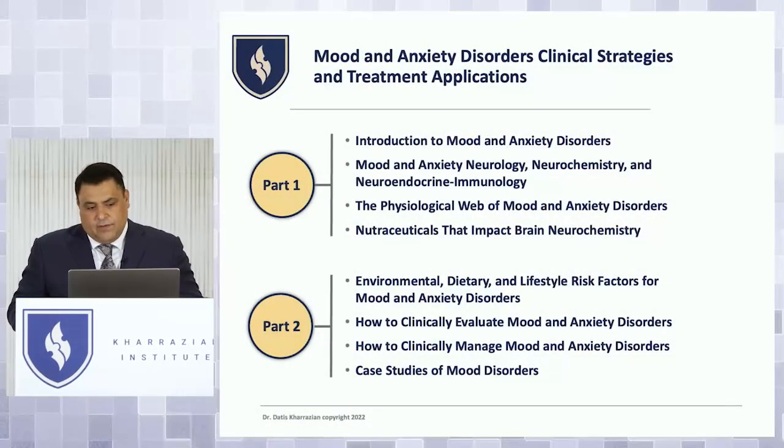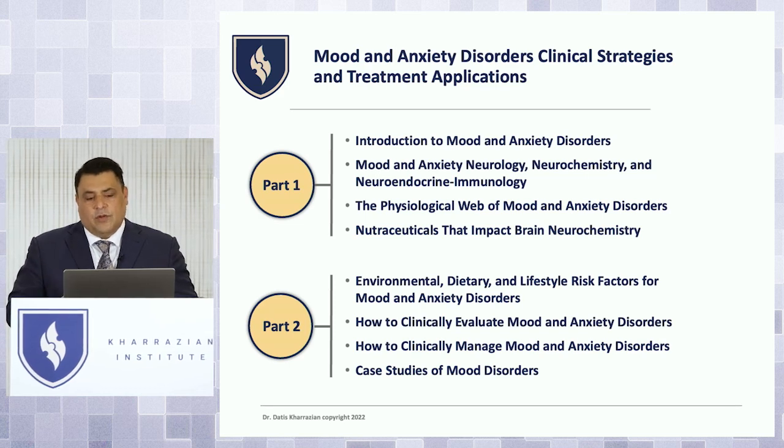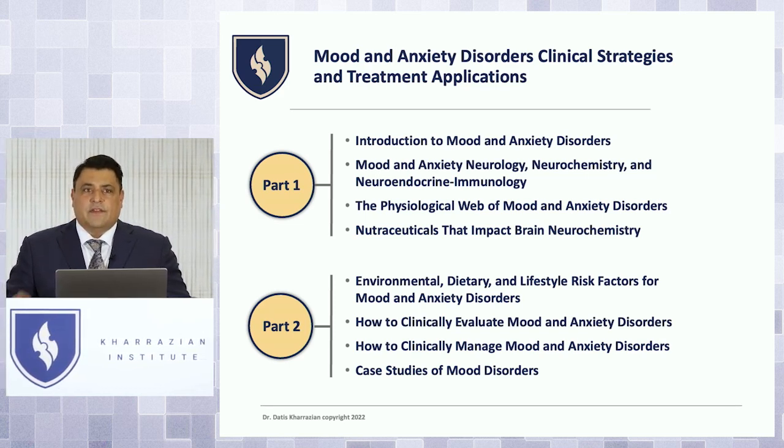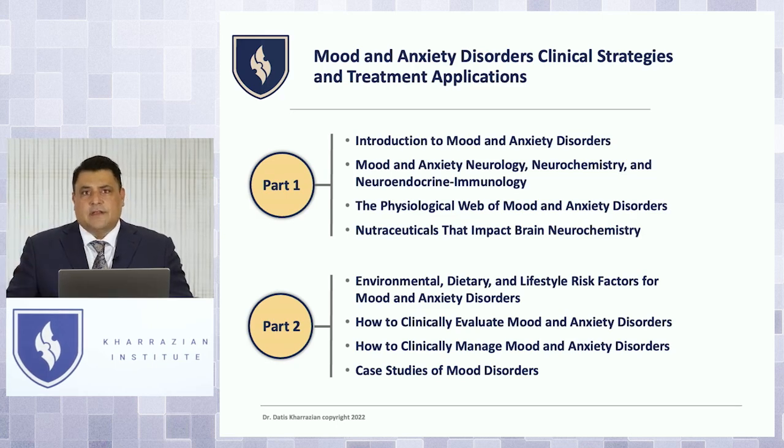Then we're going to go through this outline here. We're going to start with an introduction, just to review the basic concepts of mood and anxiety disorders. Then we're going to take a deep dive into the neurology, neurochemistry, and neuroimmunology of mood disorders. Then we're going to talk about the physiological web, how different systems in the body all integrate and have an impact on the limbic system. Then we'll get into what's been published in the scientific literature about nutraceuticals that impact brain neurochemistry.